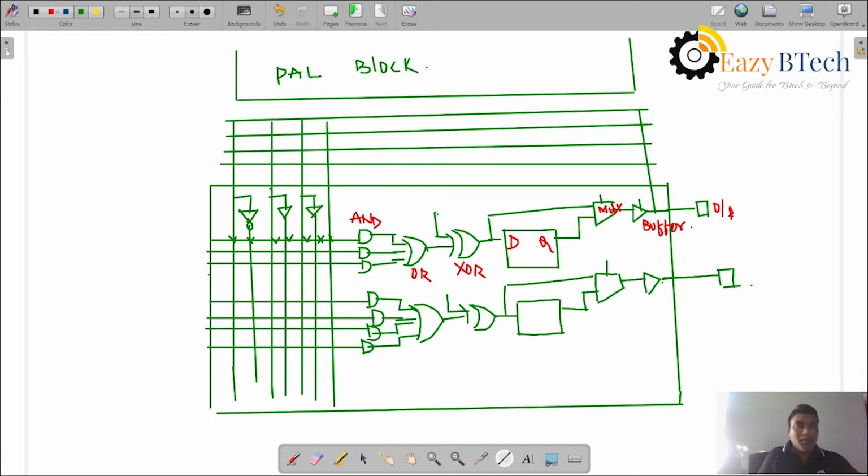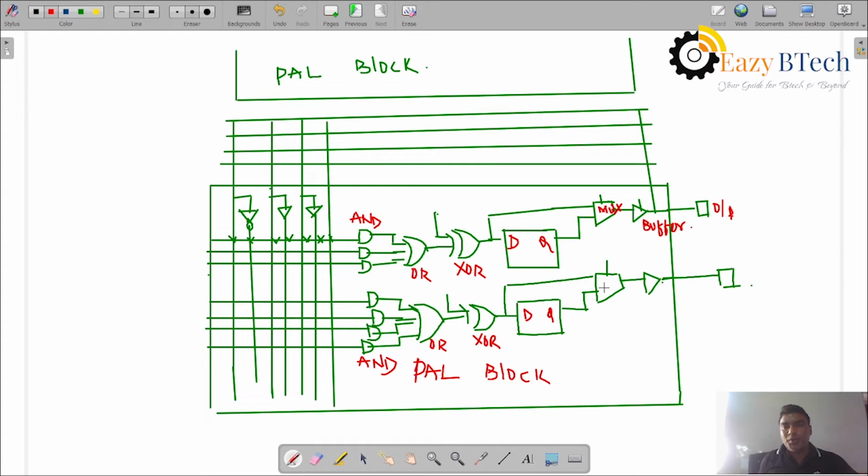So this is a PAL block. The PAL block represents AND programmable, OR fixed, XOR, and D flip flop. The AND is programmable according to the logic function. Then the OR is a fixed gate, followed by the XOR gate, which is connected to the D flip flop.